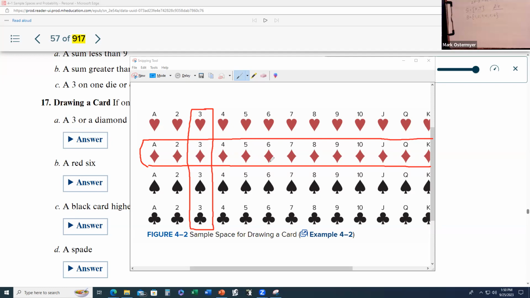For this situation, we only count it once. So 1, 2, 3, 4, 5, 6, 7, 8, 9, 10, 11, 12, 13, 14, 15, 16? There's 16 different ways in which we could select a 3 or a diamond, correct?